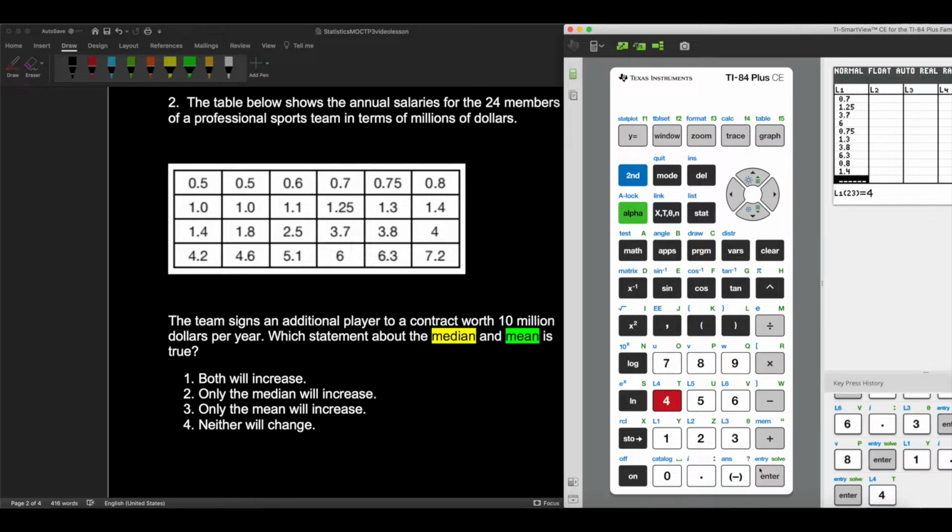Okay, 4. See, I'm looking at too many numbers here. It's getting crazy. 7.2. All right, here we go.